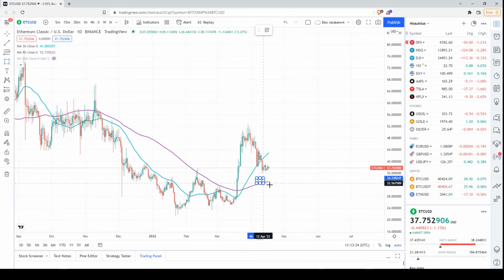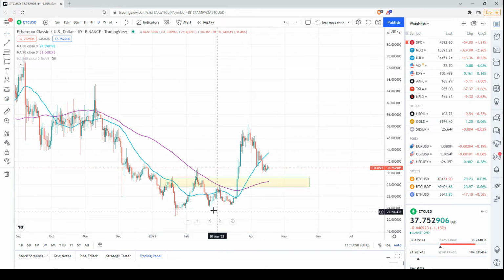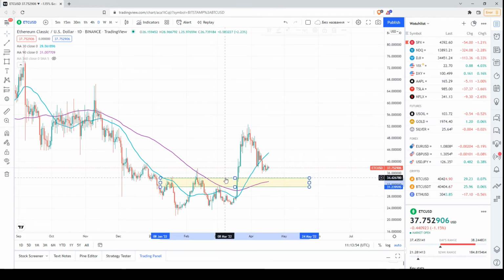So I would say that the 3-month moving average is the key support at the moment for the price of Ethereum Classic. Moreover, this is exactly this local high that is between the double bottom or the support line that we had in the weekly chart.